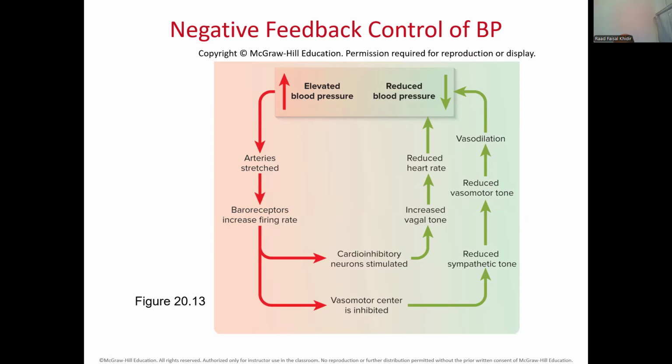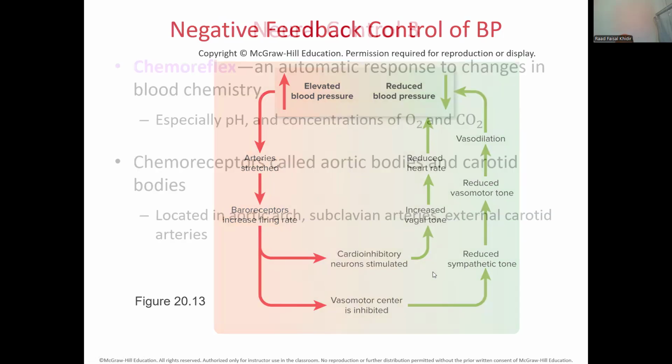Reduced heart rate, so that's going to drop the heart rate. Also the vasomotor center is inhibited, so that's going to reduce sympathetic tone. The sympathetic tone increases fight or flight. You want to survive: blood pressure up, heart rate up, contractility up. You're running for your life. That beta reflex is going to depress this vasomotor center and reduce the sympathetic tone.